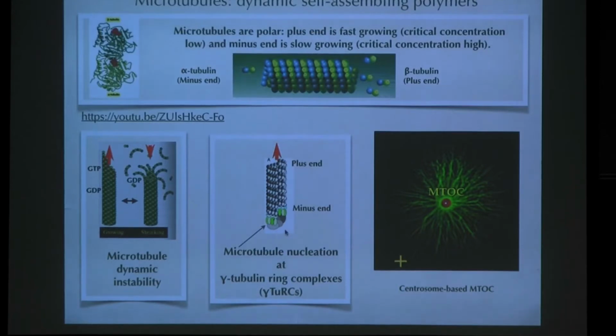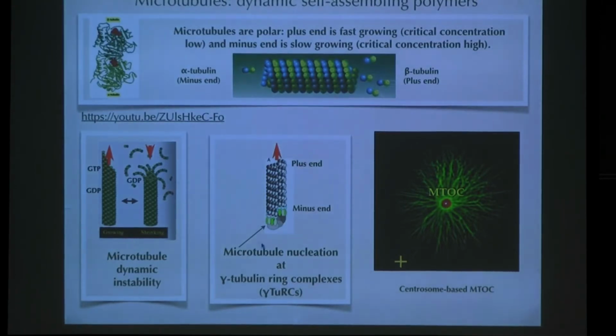Importantly, the concentration of tubulin dimers in cells is so low that microtubule polymerization does not start spontaneously, because the minus end would depolymerize. So microtubule polymerization in cells starts from templates, which are called gamma tubulin ring complexes.